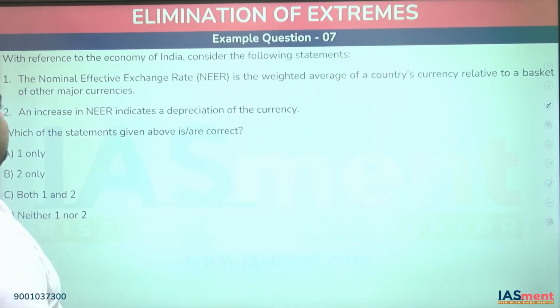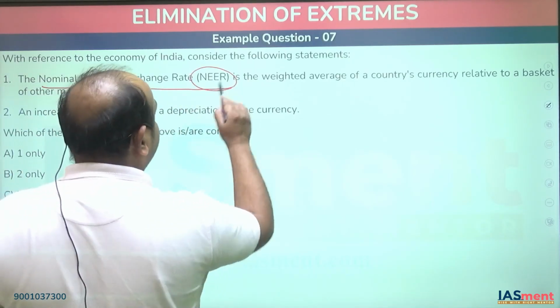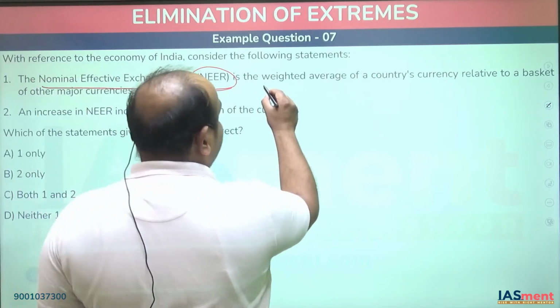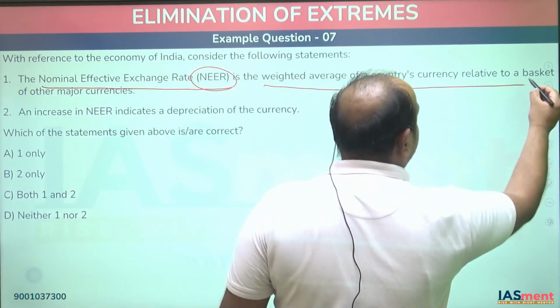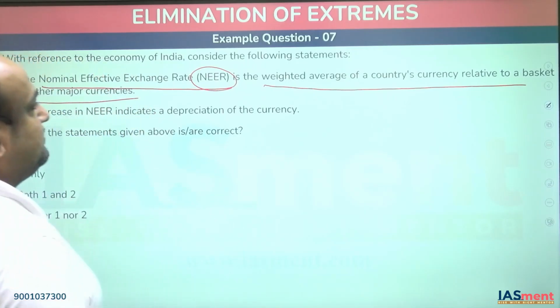नेक्स्ट क्वेश्चन इज ऑल्सो अबाउट इंडियन इकोनॉमी। Nominal Effective Exchange Rate, NEER, is the weighted average of a country's currency relative to a basket of other major currencies.